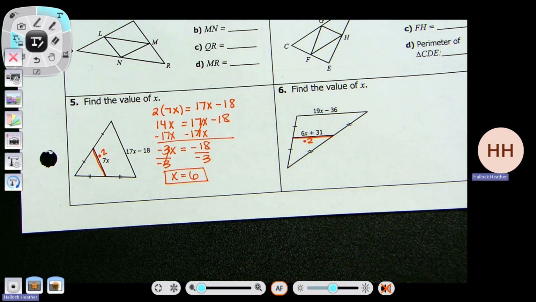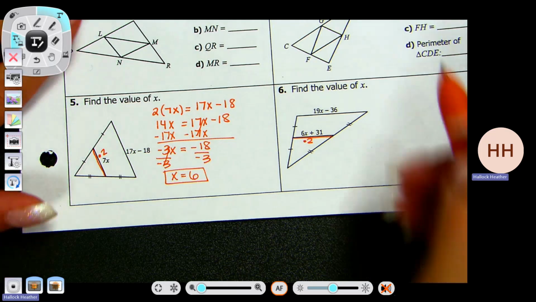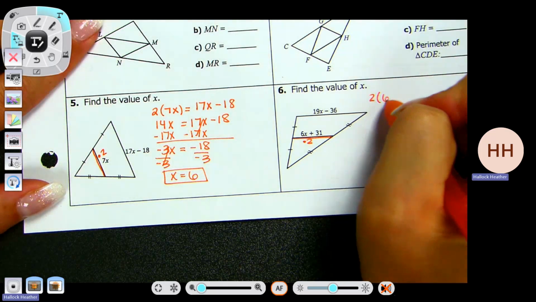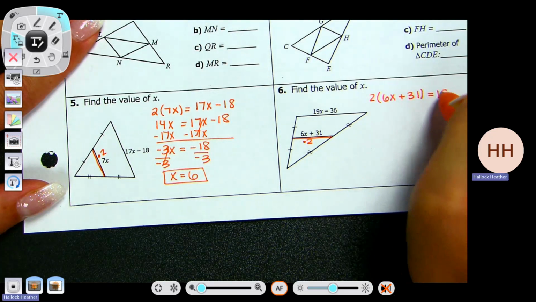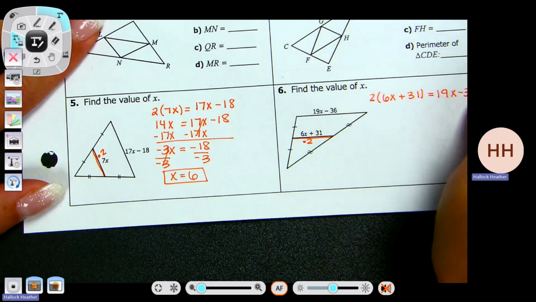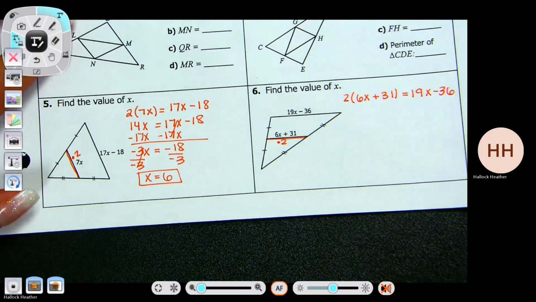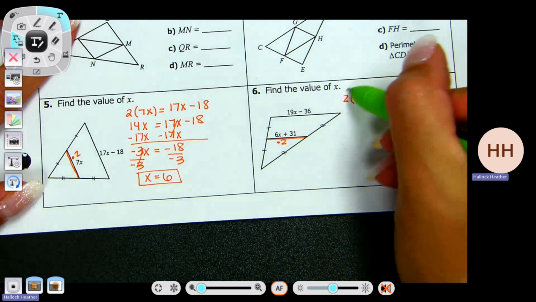So 2 times 6x is 12x, plus 31. Wait, do I do 2 times 31? Yes, 62. So you do have to distribute into the parentheses.